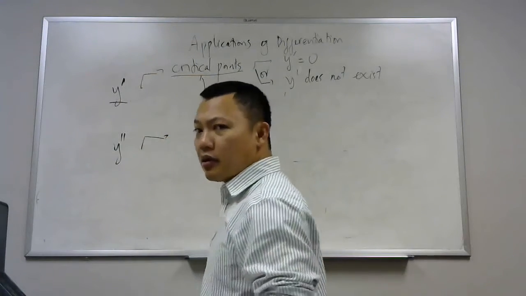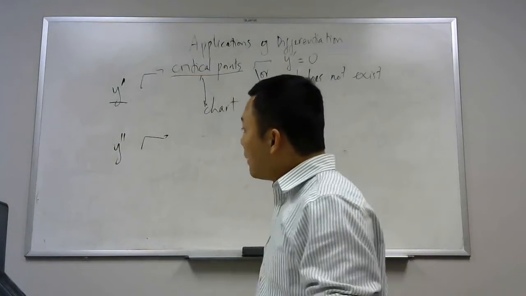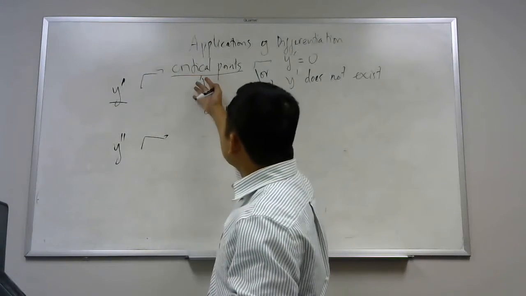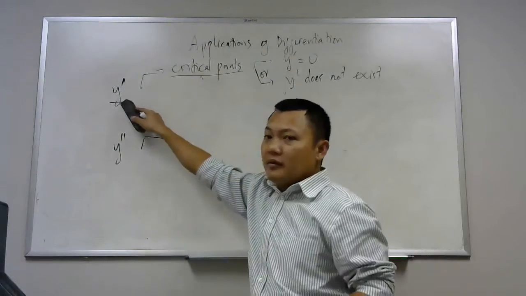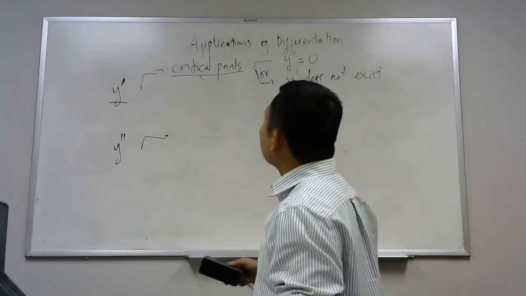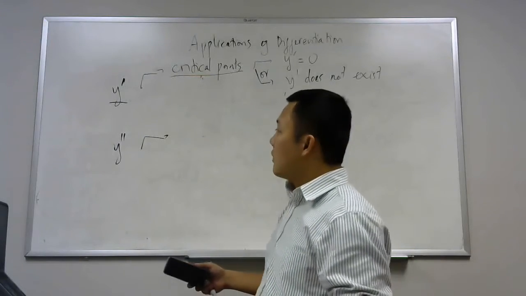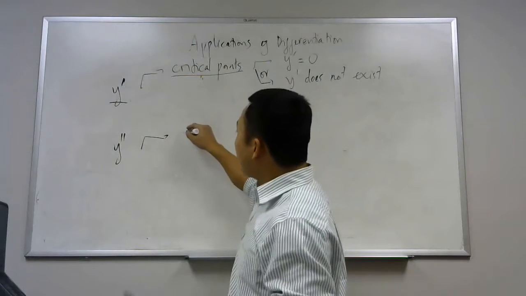The second derivative helps us to understand the convexity and concavity of the function. So again, the first derivative helps us to understand where the function is increasing, decreasing, or where the function attains local maximum, local minimum. But the second derivative helps to understand convexity, concavity.